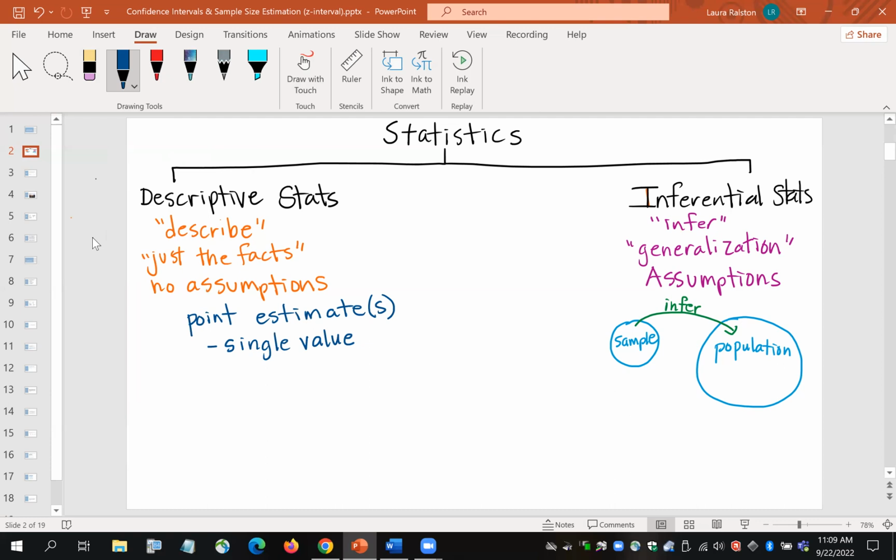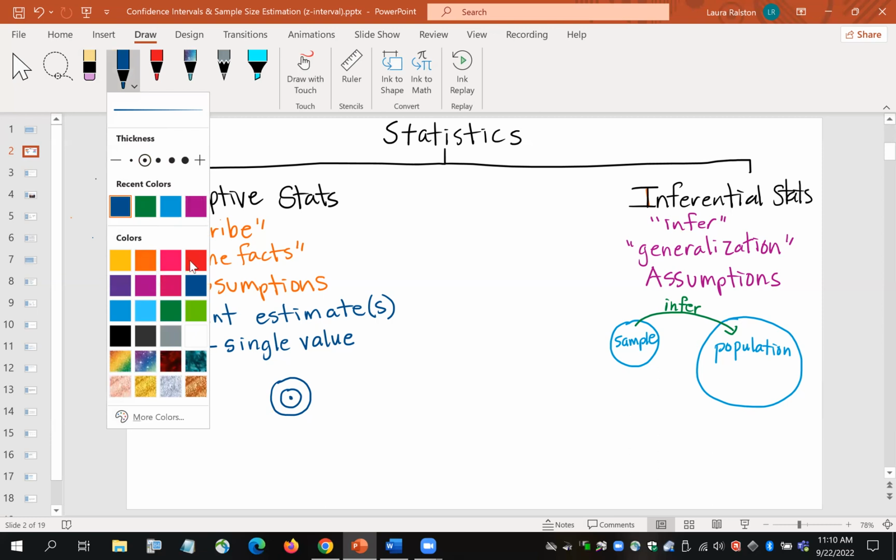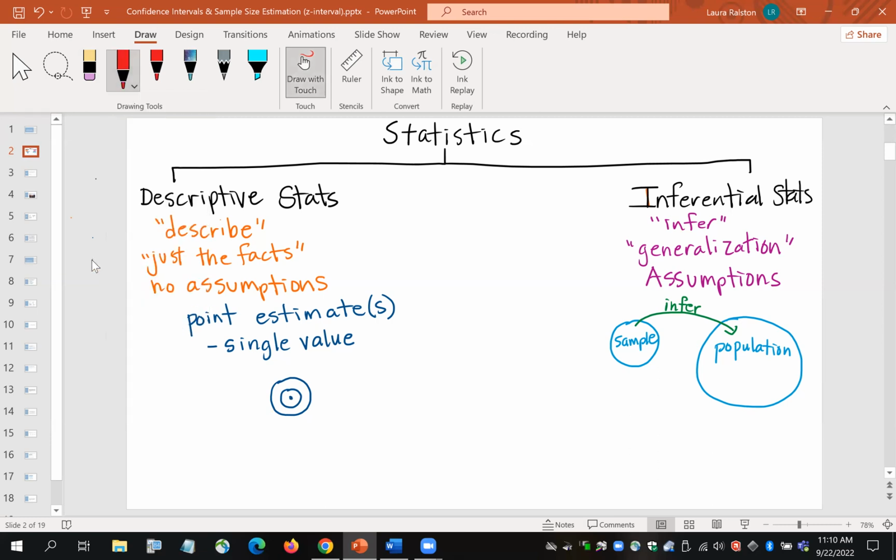But what we're going to look at today is, instead of relying on a single value, because if you think about that like a target, having that single value means that you've got to hit that bullseye every single time, that you're using that one individual point, and you're going to be hitting that target. And that's such a small point or a small value, you don't have any margin of error or any leeway.